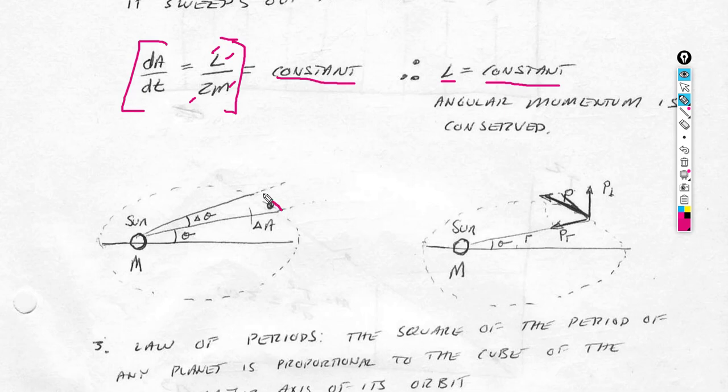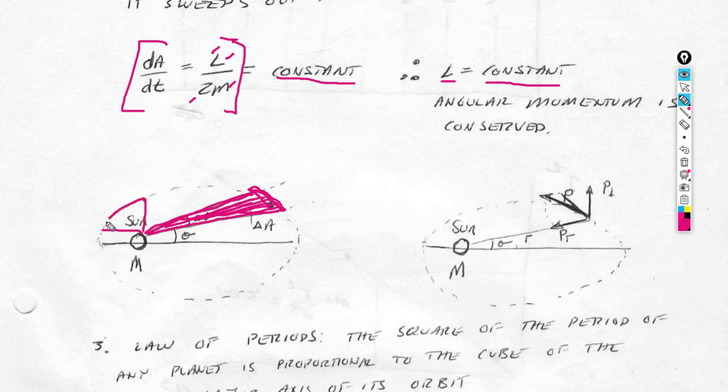As it's moving across, the area that it sweeps out is going to be equal for equal times. When you're further away, there's more area under here, but you're going slower. So it's like a narrow, long triangle versus the short, fat triangle you see down here.